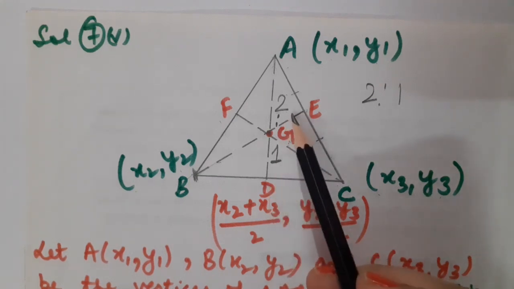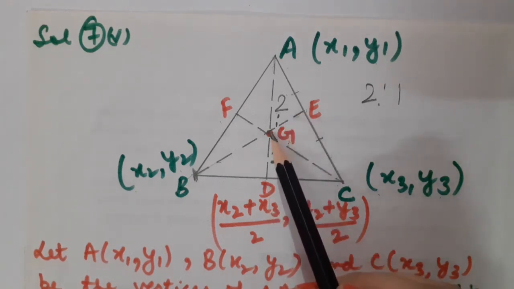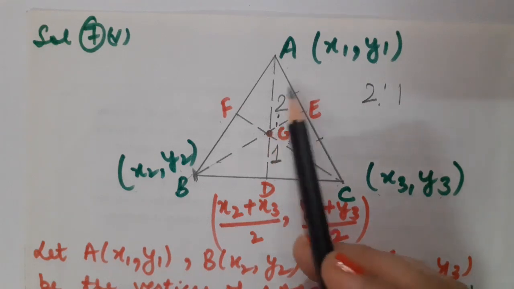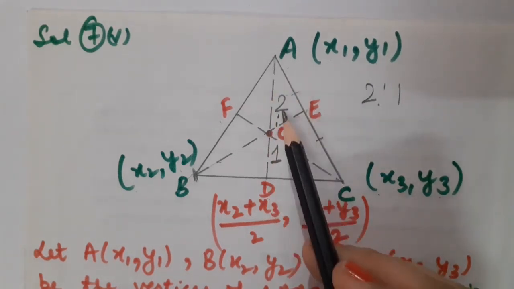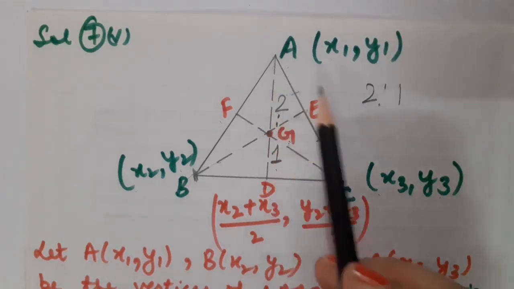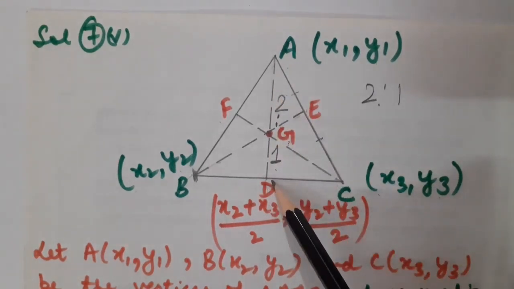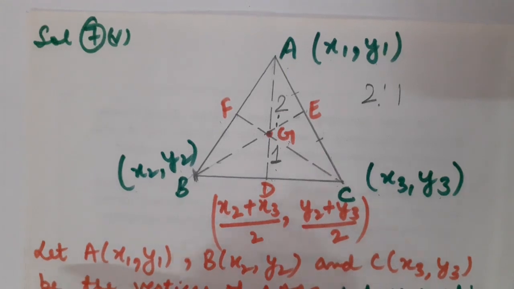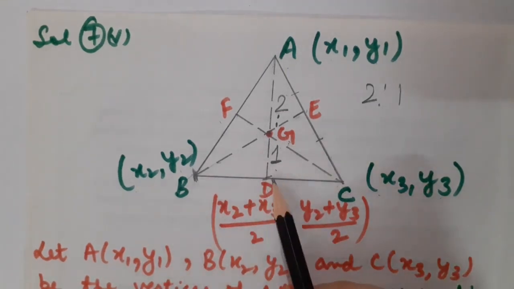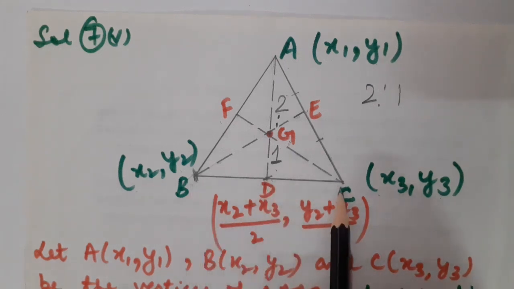So can't we apply section formula, as we know that the centroid is going to divide the complete median in the ratio 2:1? So you can easily apply section formula on this line segment, that is AD. But now the problem comes that I do not know the coordinates of D, but I know that D is the midpoint of BC.